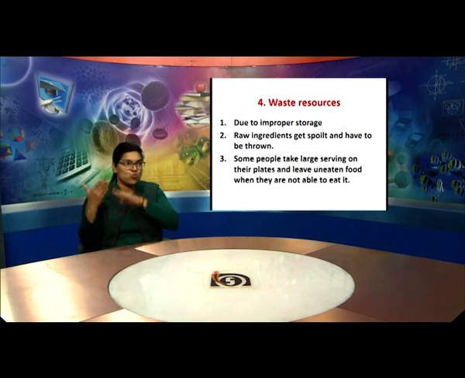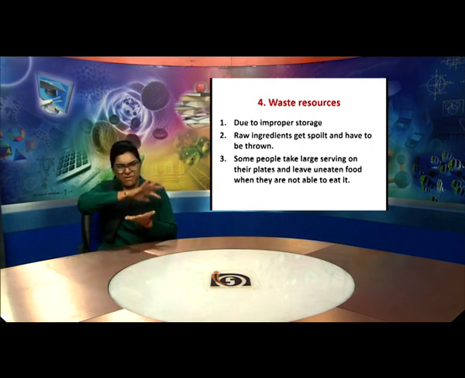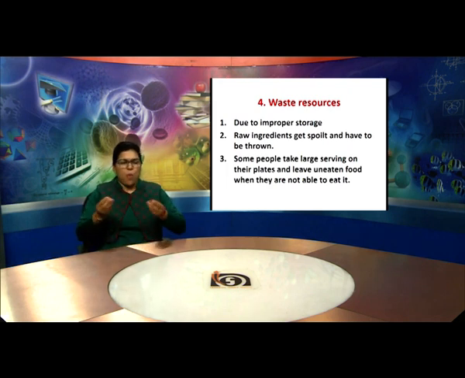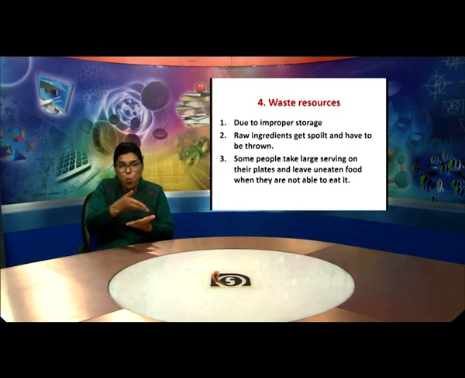The third point explains that some people take large servings on their plates and they leave the food uneaten when they are not able to eat it. So all that food gets wasted.